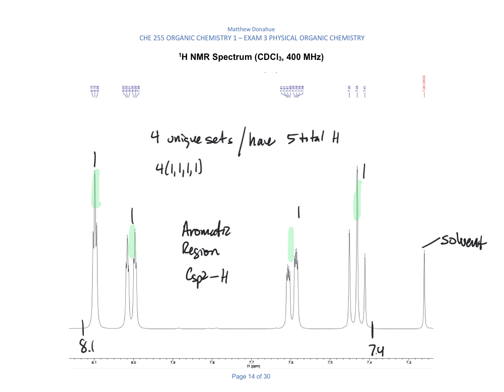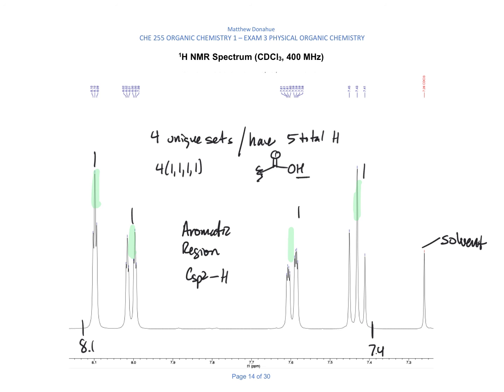But we also said from before, there's most likely a carboxylic acid, so that would be the 5th H. So it looks like we're dealing with 4 aromatic hydrogens, the 5th one being the acid. And so we have a benzene ring, based on where we're placing these H's.